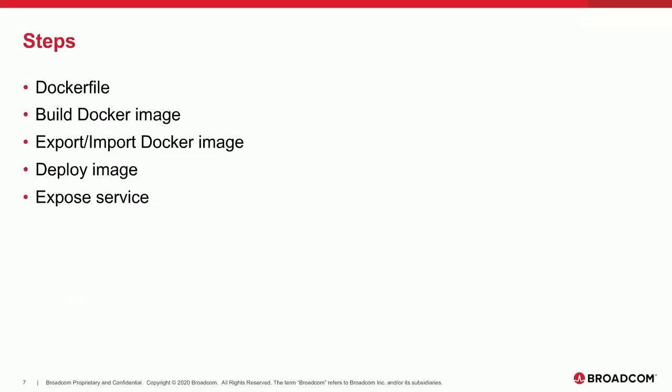All right. So the very first part of it is you always have to start with a Docker file, and then you build the Docker image, and then you export the Docker image, deploy the image, and then expose the service. In this demonstration, what I'm going to show here is using a Kubernetes environment, which is OpenShift, which is the Red Hat variant of Kubernetes.